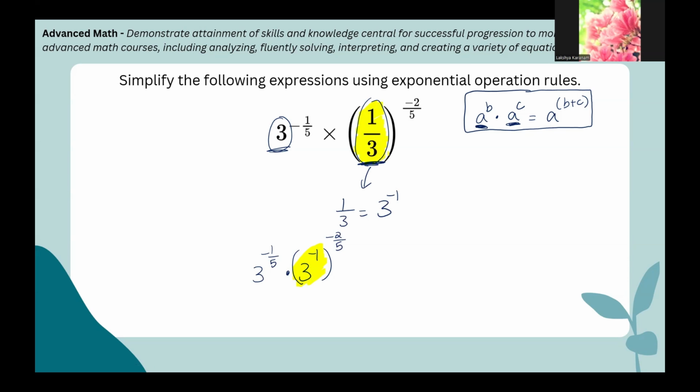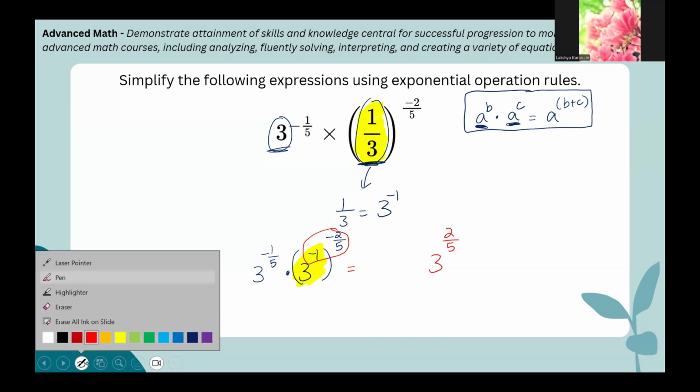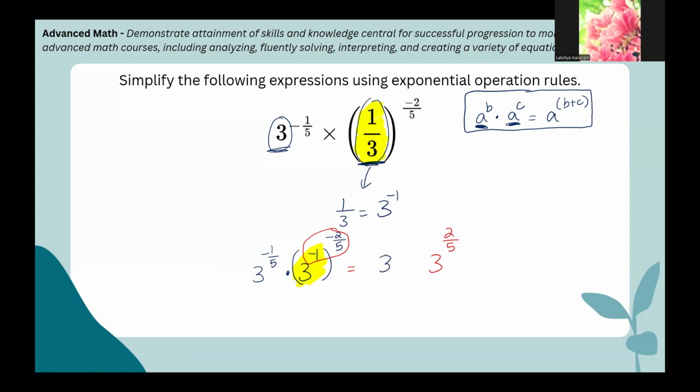Okay, so the first thing I would do then is take these two, multiply them together to get 3 to the 2/5 power. And then, of course, you still have your 3 to the negative 1/5 power from earlier.